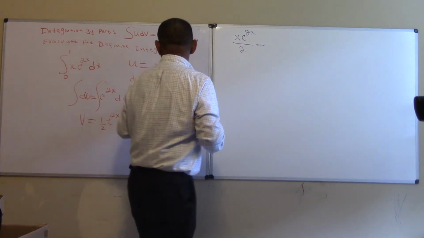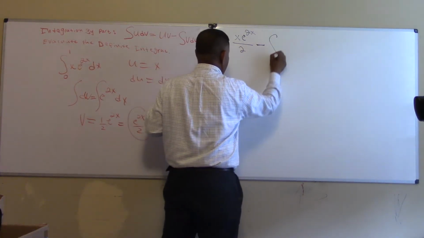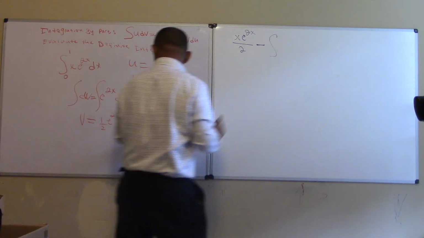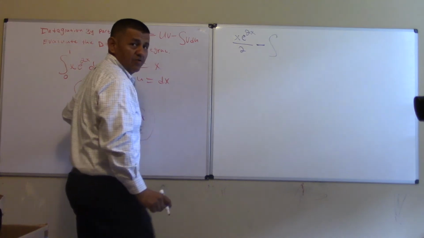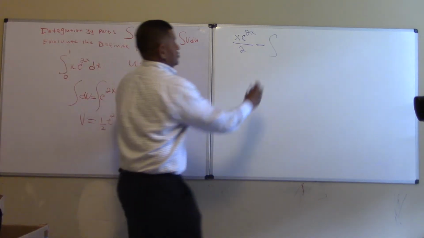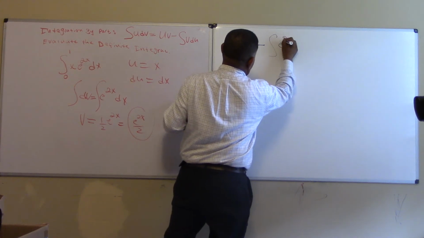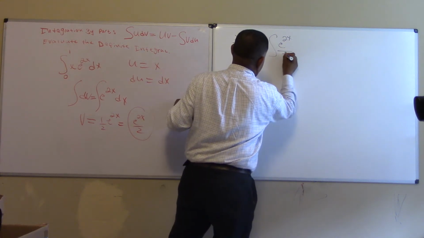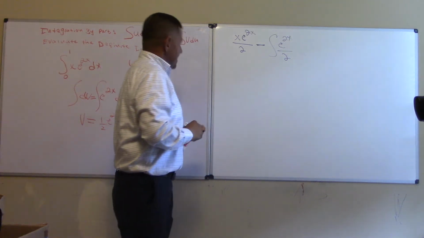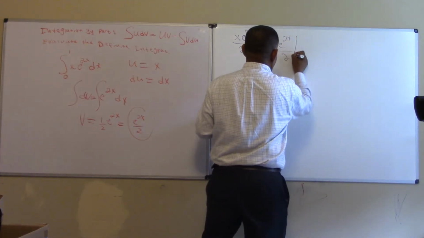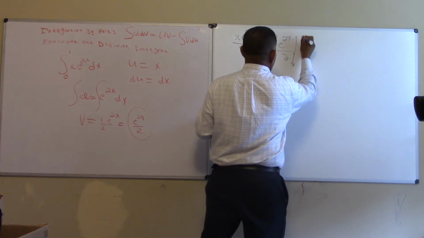minus the integral of v, which is this guy right here, so it's e to the 2x over 2. And this is evaluated from 0 to 1.